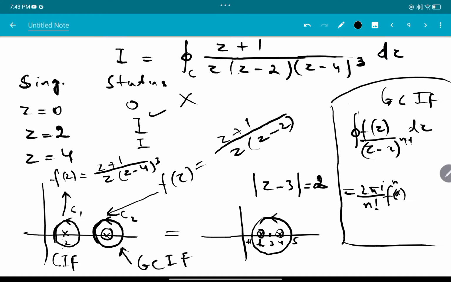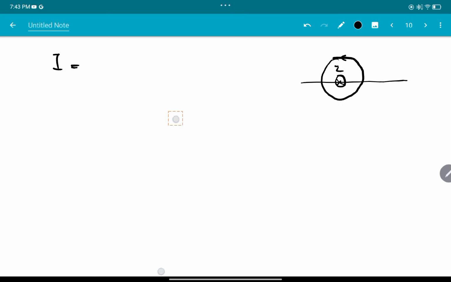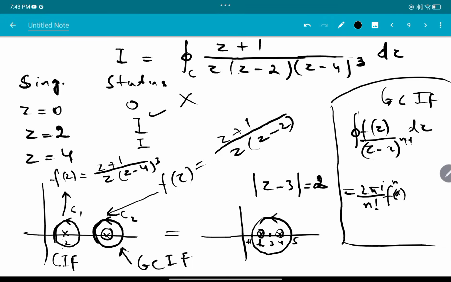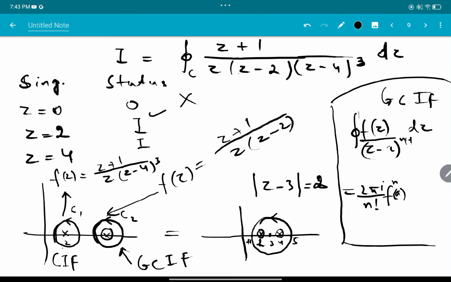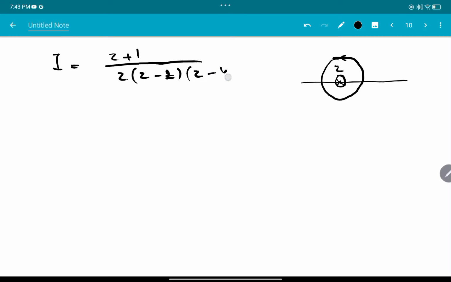What was the given integral? (z plus 1) divided by z into (z minus 2) into (z minus 4) whole cube, dz.